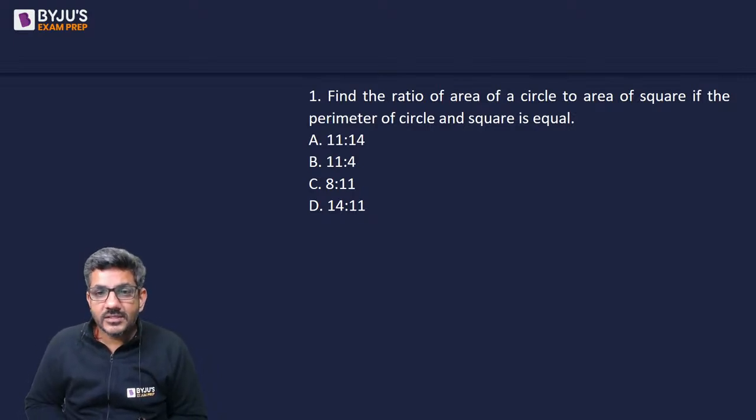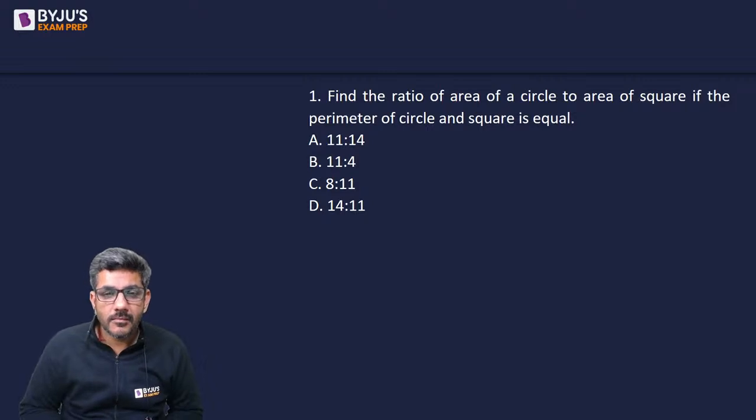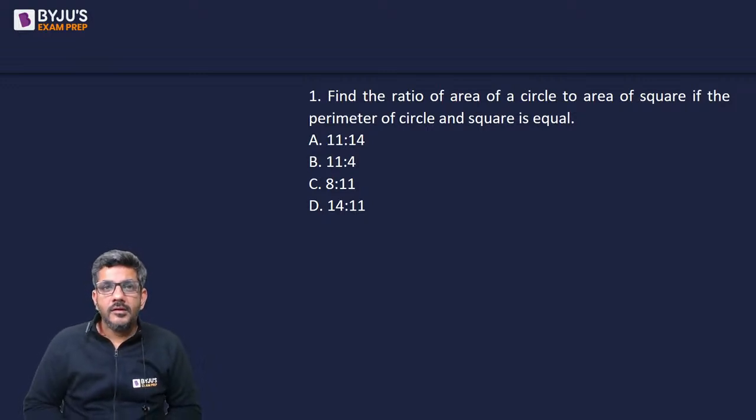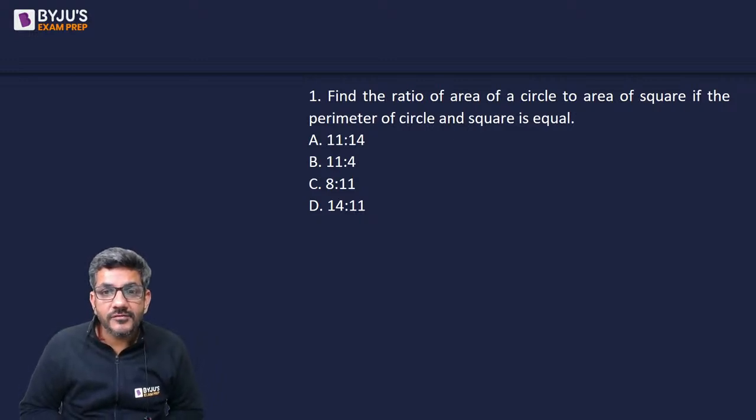The first question on your screen is here. Let's start with it. Find the ratio of the area of a circle to the area of a square if the perimeter of the circle and square is equal.